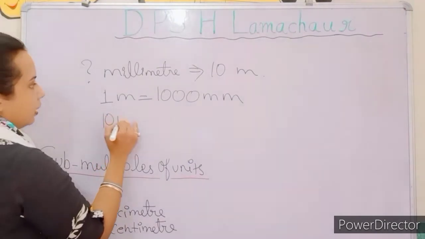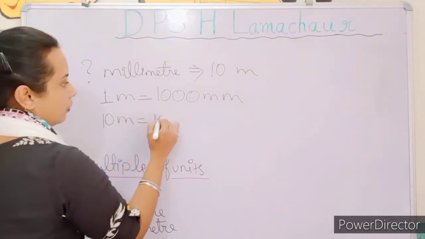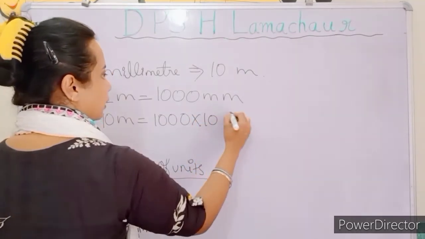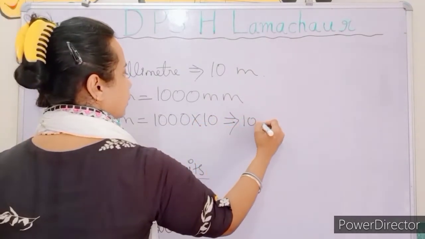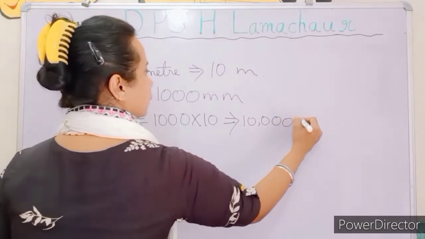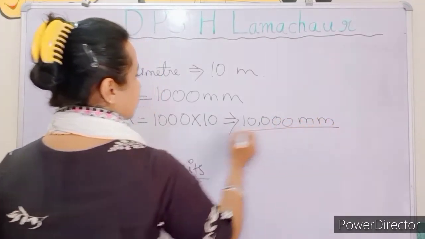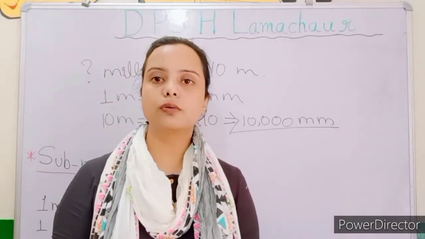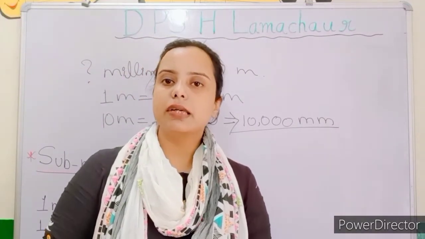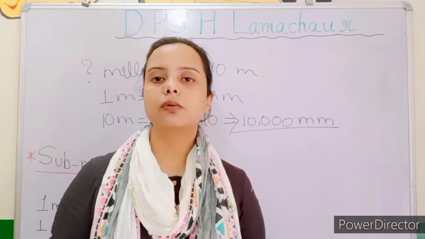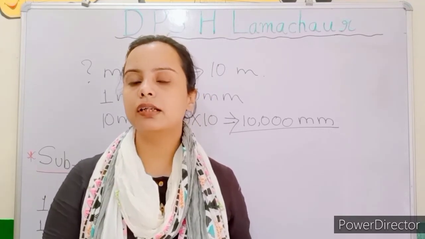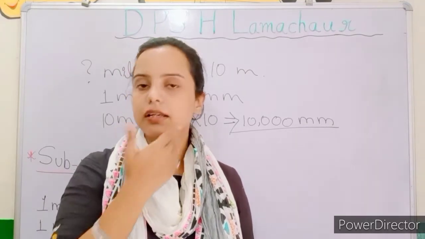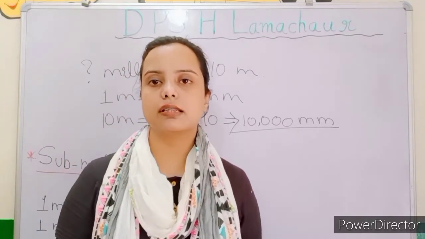So 10 meters equals 1000 into 10. So there are 10,000 millimeters. I hope you understood how to calculate the measurements, and if you want to calculate in lower measurements, the numbers get larger. So that is how we are going to measure it.